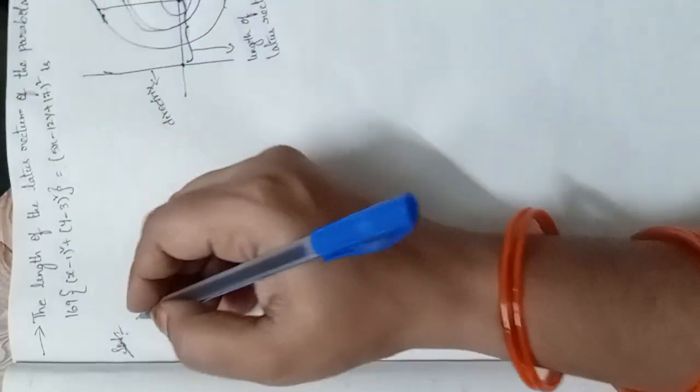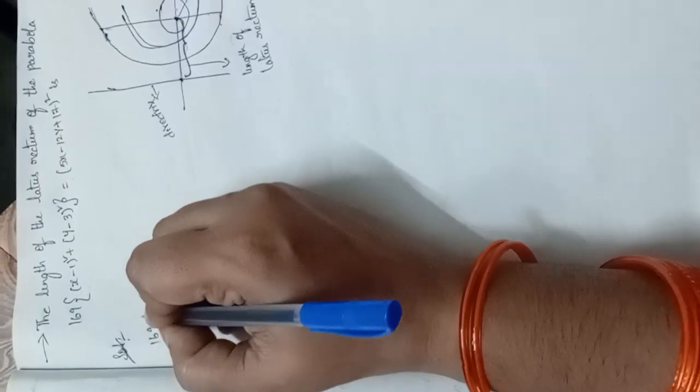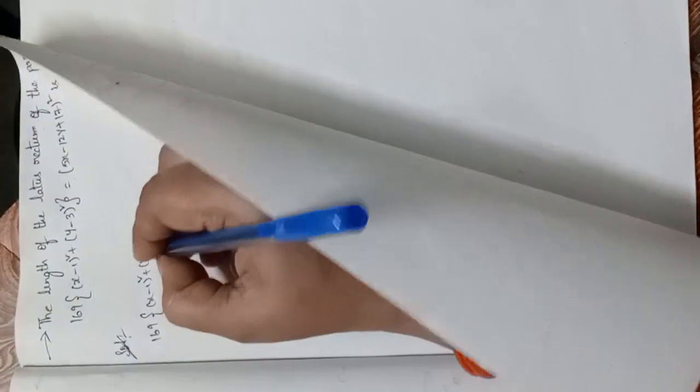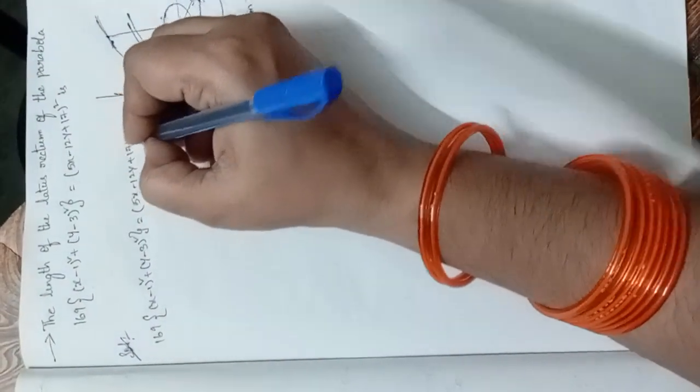Now coming to the solution, let us write the question once again. 169 into (x minus 1) whole square plus (y minus 3) whole square is equal to (5x minus 12y plus 17) whole square.